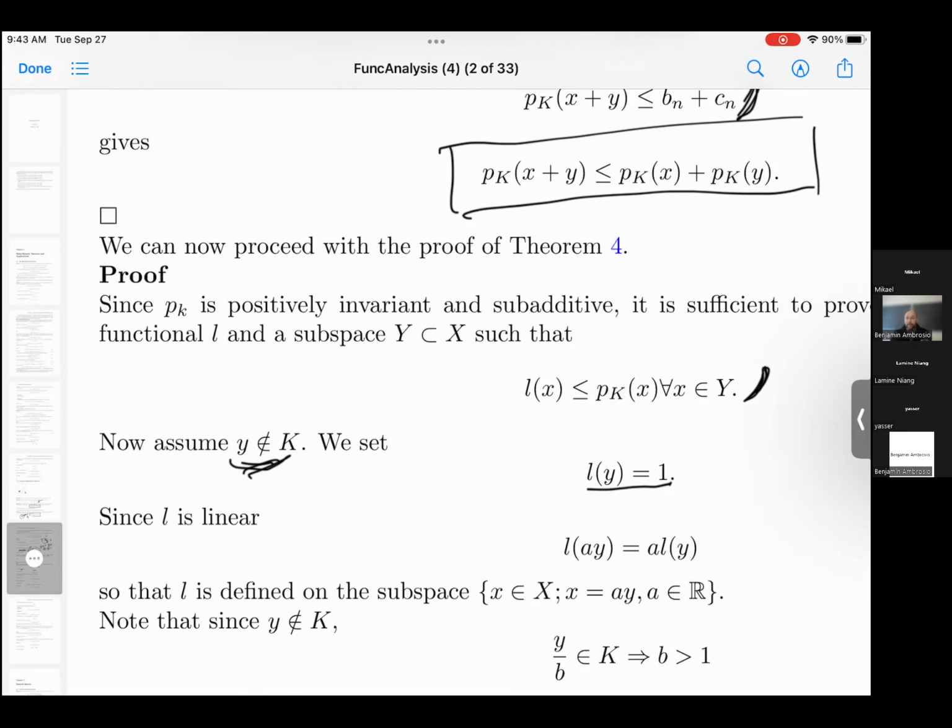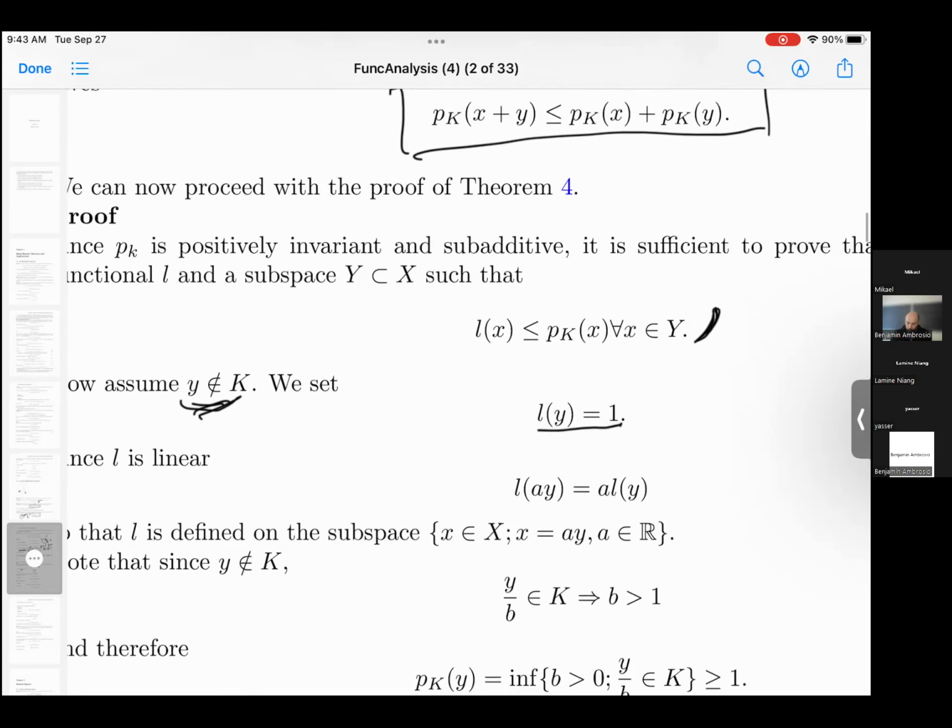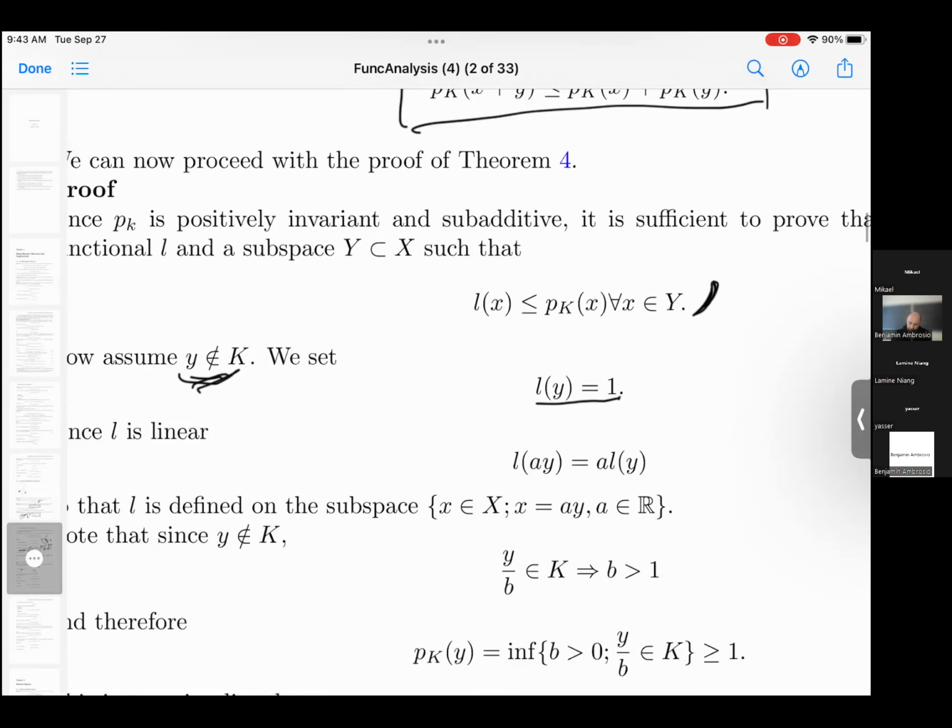So taking the inf over all of those b to get the Pk of y, you obtain that Pk is greater than 1. Okay, so that's good because that says that L of y is less than Pk of y.